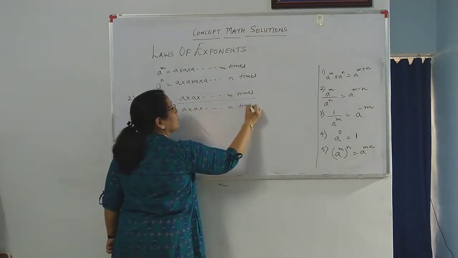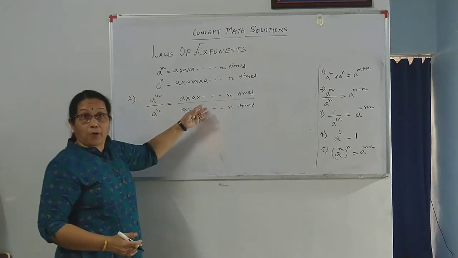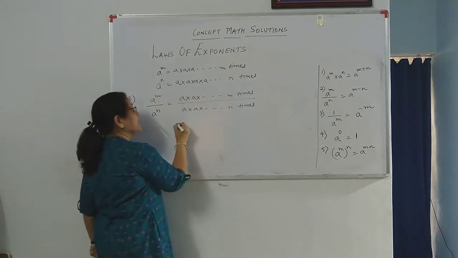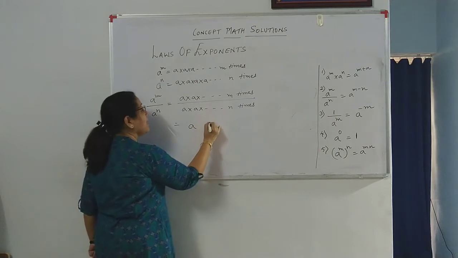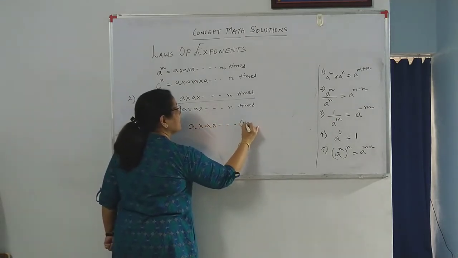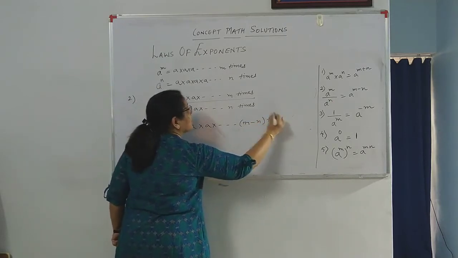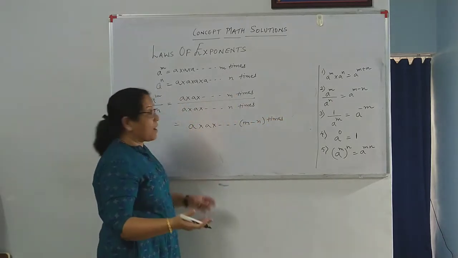Right? So what we do in division is we cancel the common terms because it's all product, right? So I go on cancelling, and what will remain is a into a, so on, m minus n times. Because whichever is greater, m or n, doesn't matter.